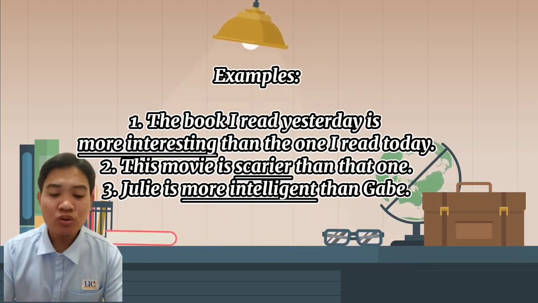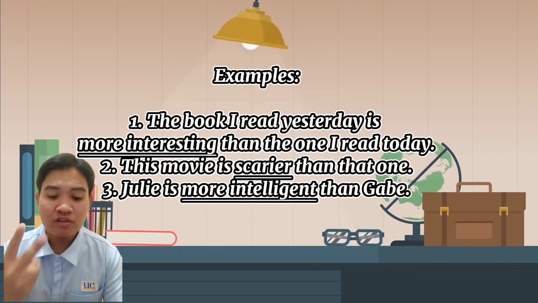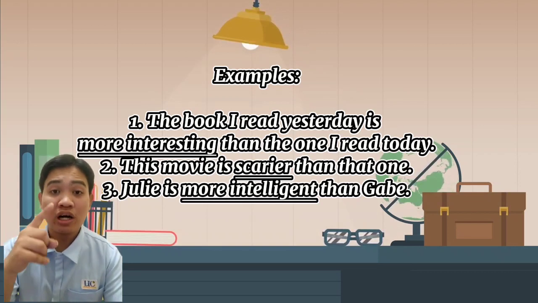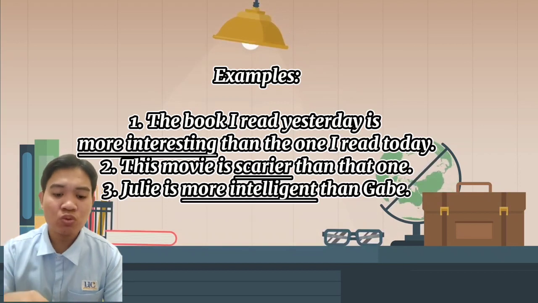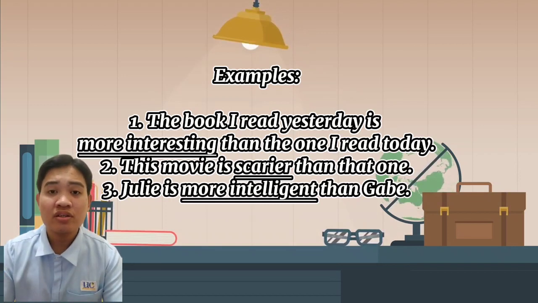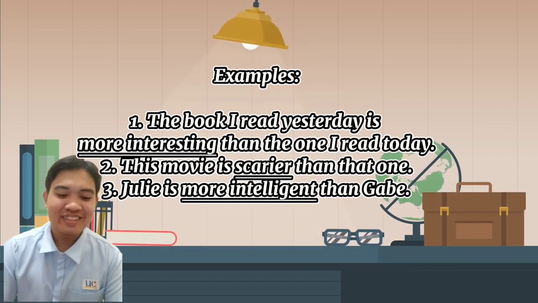In the rule of the comparative form, the degree of comparison in the adjective, once the adjective is only two syllables, we only change the word itself and add er. That's why the word scary became scarier. But if the adjective is already three syllables, that's the time that we add the word more.